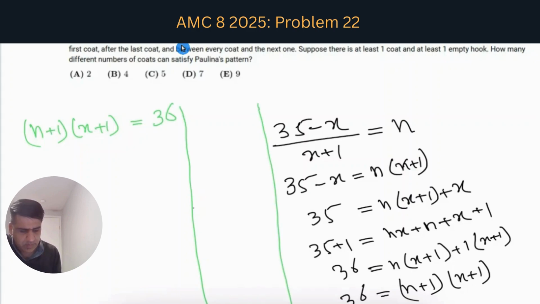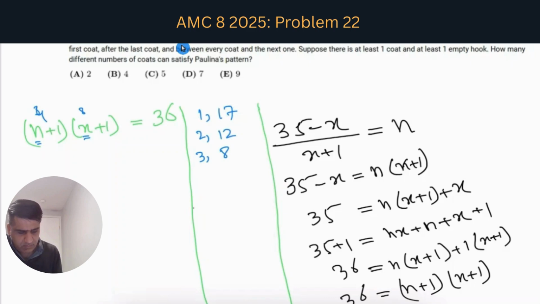So I will start with 1. If n is 1, then x is 17, that will make this expression true. If I have n as 2, it makes it 3 and then 12, right? Then if I make it 3, 4, and then I can have 8 here.